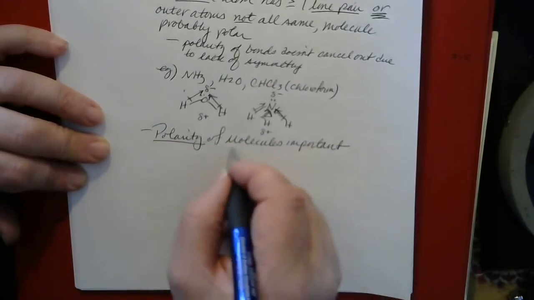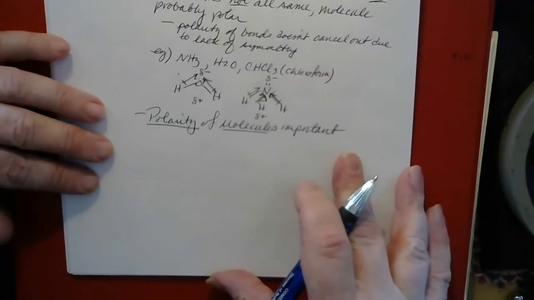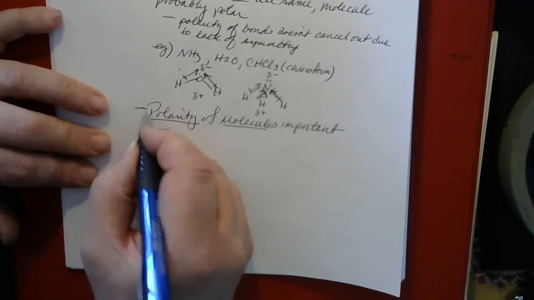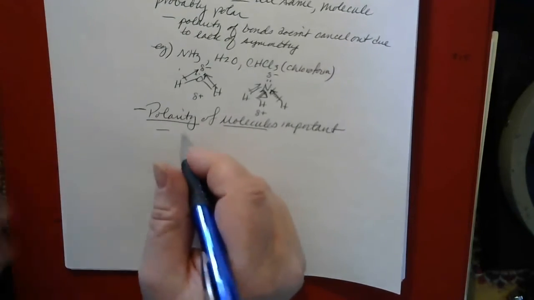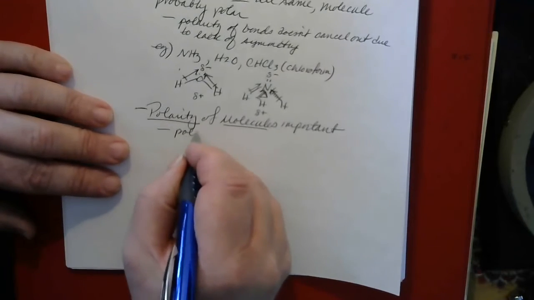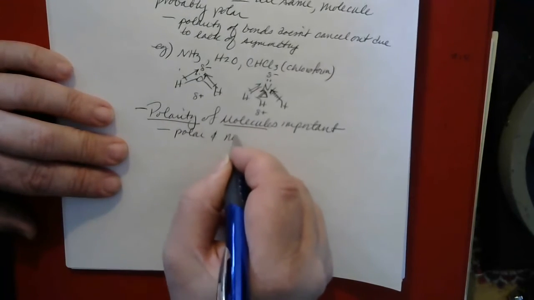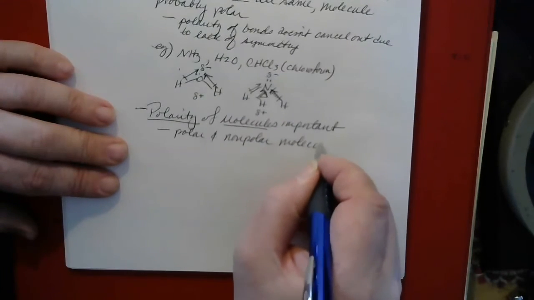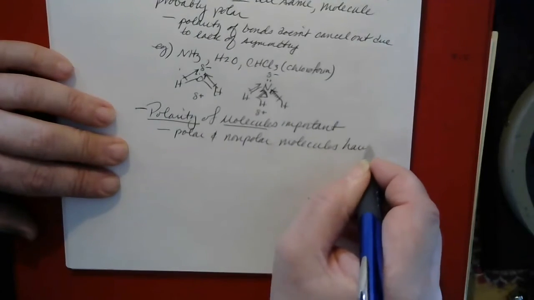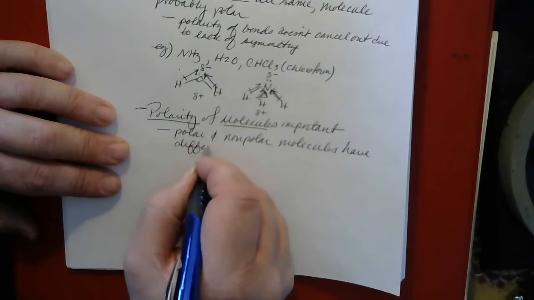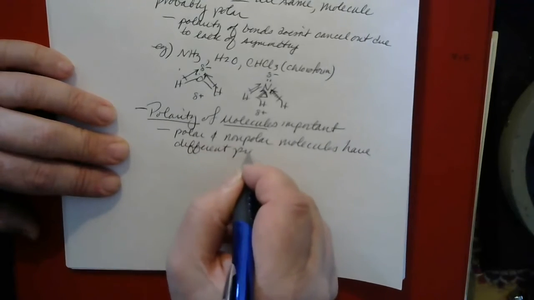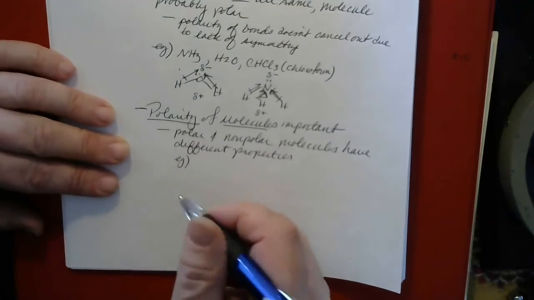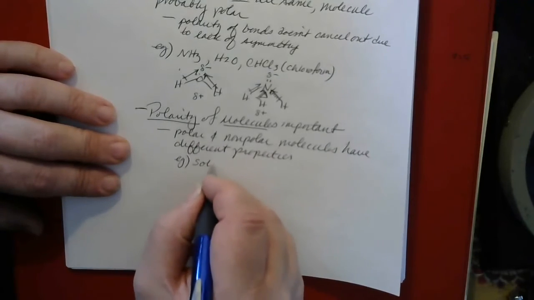Polarity of molecules is important because it affects things. Basically, polar and non-polar molecules have different properties. These would be properties like solubility, for one thing.